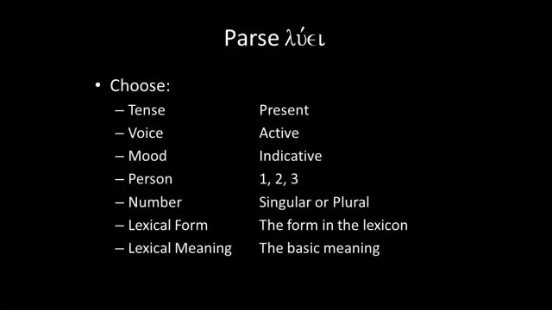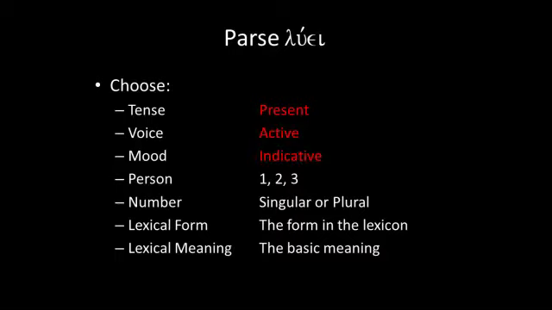Let's give this a whirl. On the verb lue. This is from our verb luo. So keep those endings in mind: o, eis, ei, omen, ete, ousi. Well, we know we're studying present right now, so we can go ahead and get that.